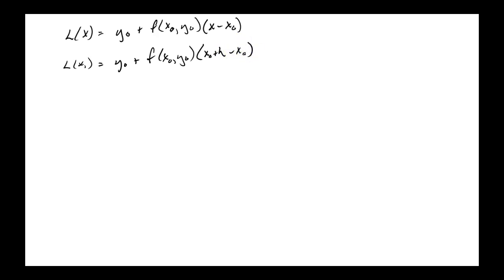Now that seems a little bizarre, but what we're doing is letting x be x0 plus h. So you put that in there, and the x0 is going to go out, and you just have an h there. So that then would be y1, that's what we're going to call that L of x1, is equal to y0 plus f of x0, y0 times h.